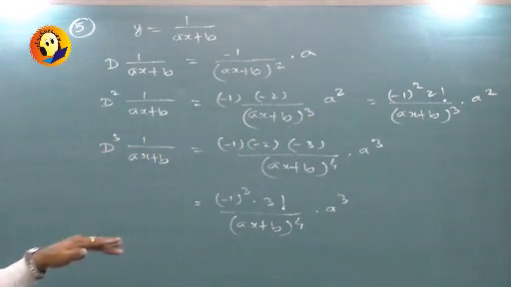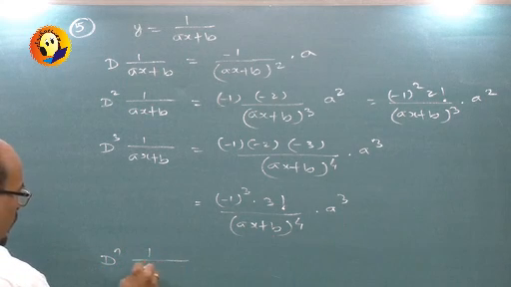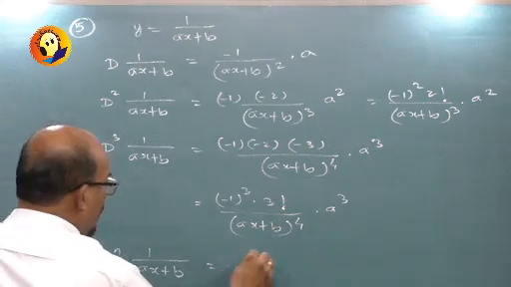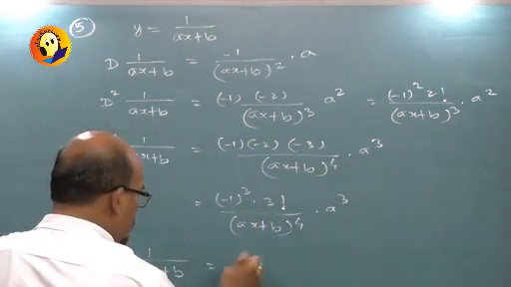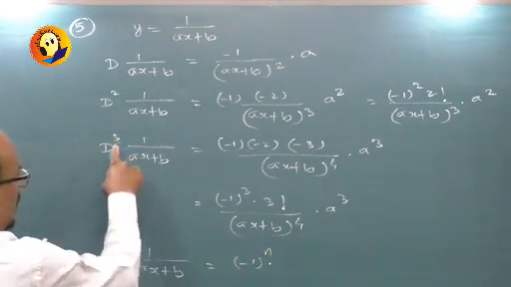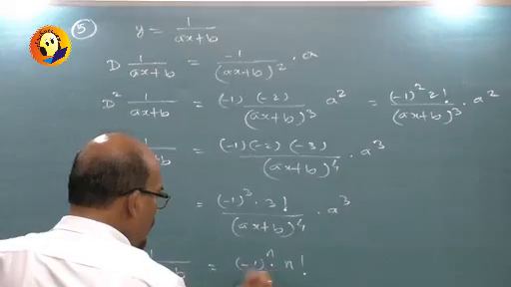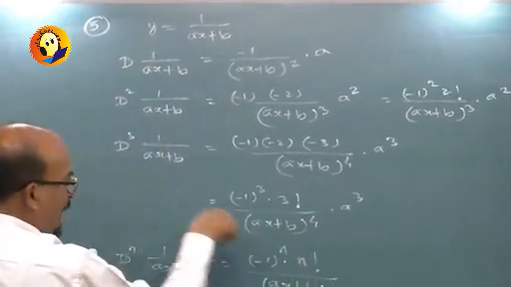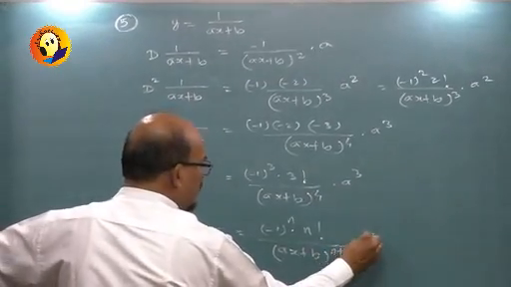So looking at all these, now can we write the nth derivative? It is 1 upon ax plus b. For cube it is (minus 1) cubed, for square (minus 1) squared, so it is (minus 1) raised to n. For cube, 3 factorial, for square, 2 factorial, so into n factorial upon (ax plus b) raised to n plus 1 into a raised to n.